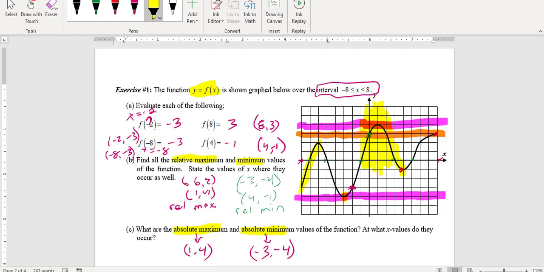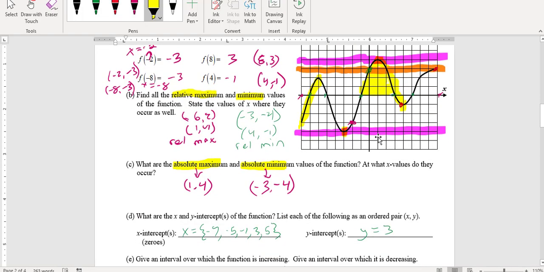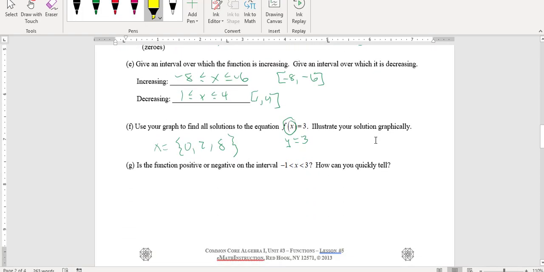If I look at everything that's highlighted in yellow, is that stuff above 0 or is it below 0? And that's basically the quick way to tell. When I look at that, everything is above the x-axis. It's all positive. So that function is positive, and we can quickly tell because it's all above the x-axis.